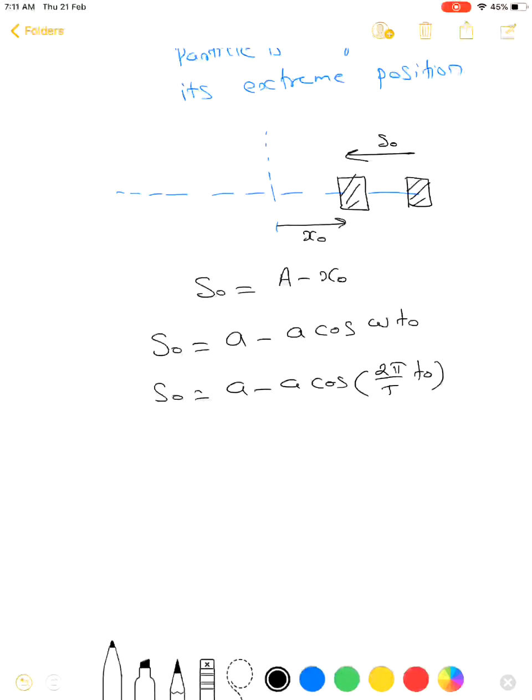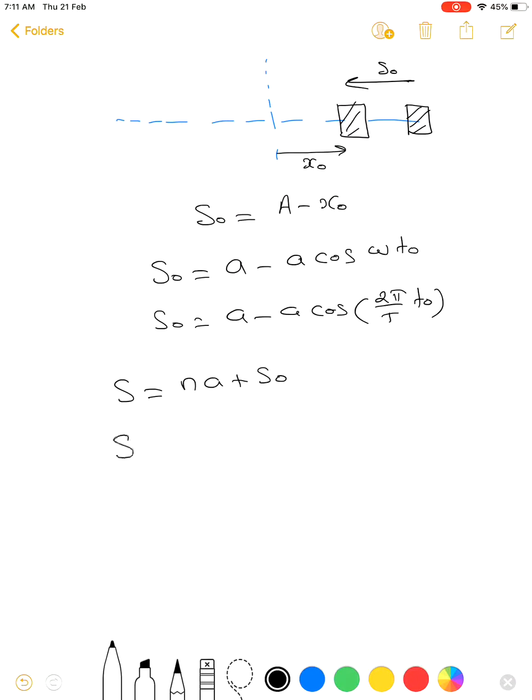So we can find out the value of total displacement. We already discussed that total displacement is n times the amplitude plus S naught. So the total displacement can be written as n A plus the value of S naught. S naught can be taken as a minus a cos 2 pi by T into t naught, and our aim is to express it in terms of t.